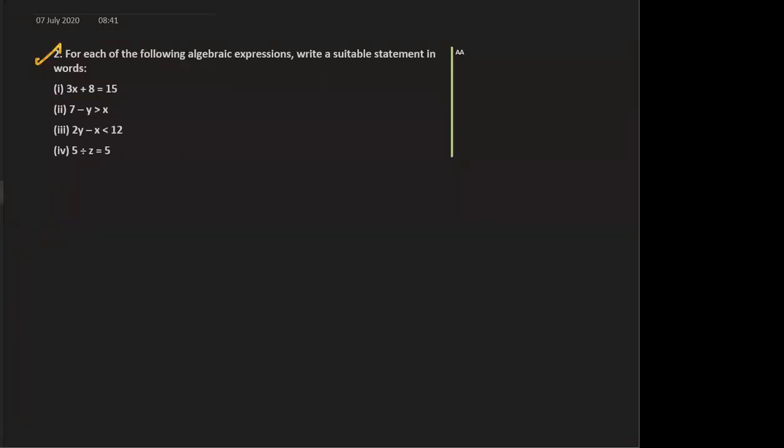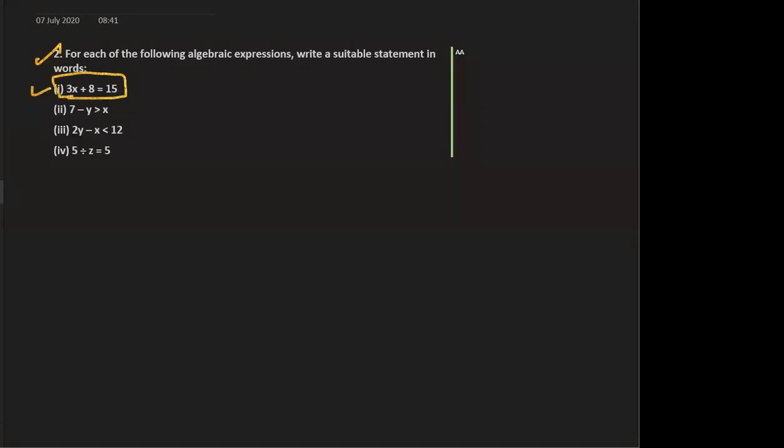Now question second says for each of the following algebraic expressions, write a suitable statement in words. Now students, this is the opposite of question number 1. In question number 1, statements were given and we have to write in algebraic form. In this question, the algebraic expression is given and you have to write the statement. Okay, so let us do the first part, which is 3x plus 8 is equal to 15.